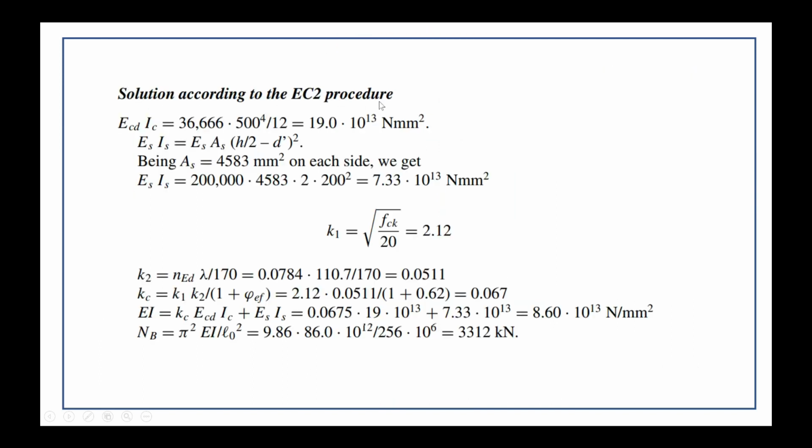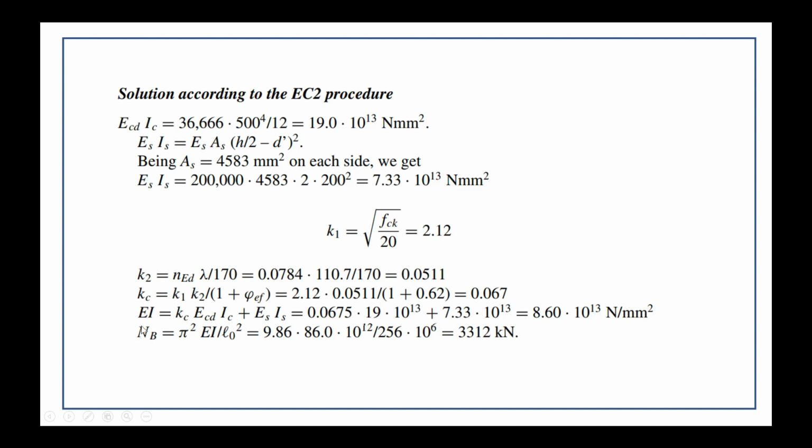The solution according to the Eurocode, you can use Ecd multiplied by Ic, and we calculate for the stiffness of the rebar in the section, and we can compute the value of the section to calculate for the EI. The final stiffness of the member is equal to 8.60 multiplied by 10 power 13 Newton per square millimeter.